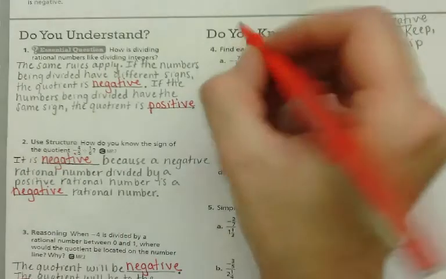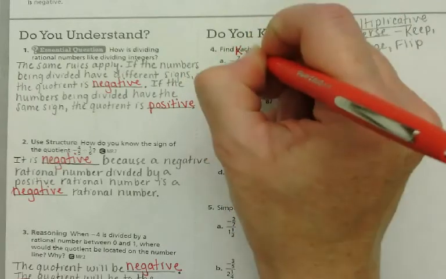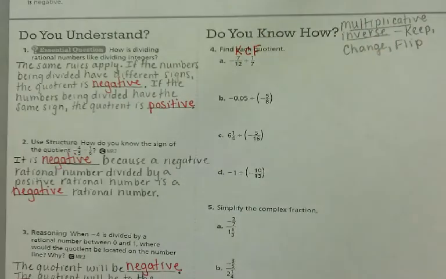As we solve this, we're going to place the K for keep, the C for change, and the F for flip above the 3 parts of our problem.